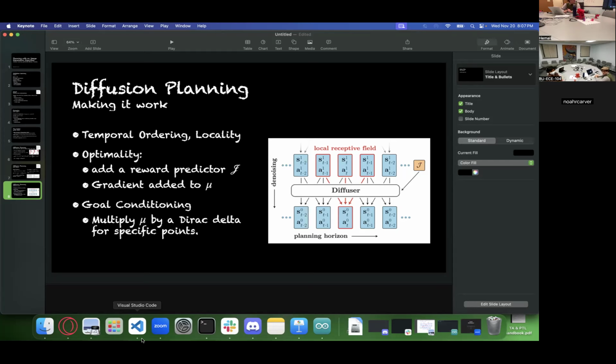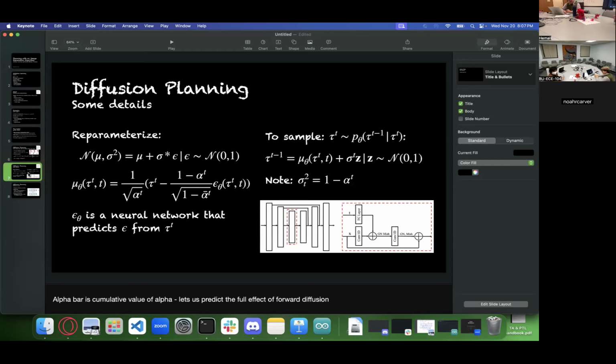I don't completely understand, but basically, am I right to say that the neural network, instead of learning the mean, is learning the error? Yeah. It's predicting how far off we are.